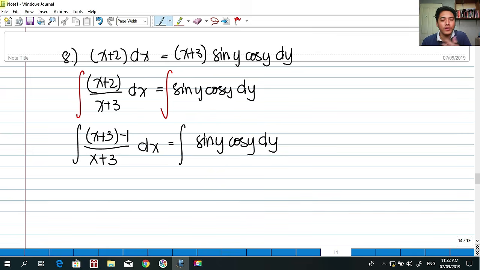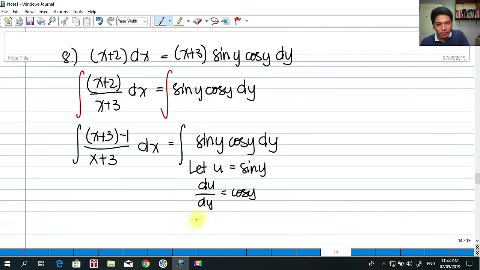This sine of y and cosine of y have a relationship with each other, so that if we let u equal sine of y, then du with respect to dy is cosine of y. Cross multiplying, we have du equals cos y dy, which is readily available.